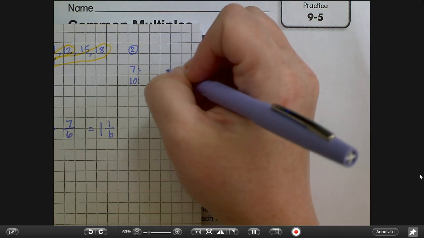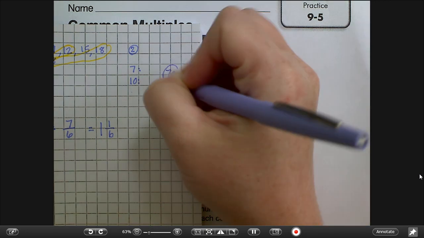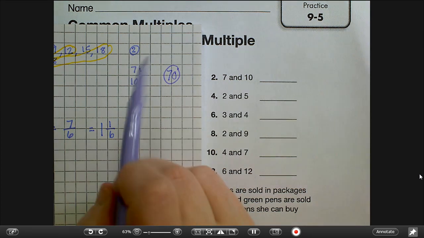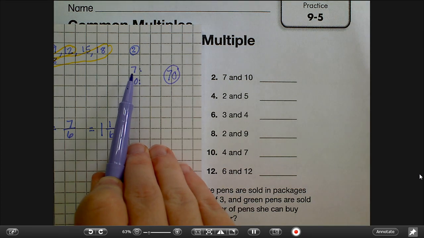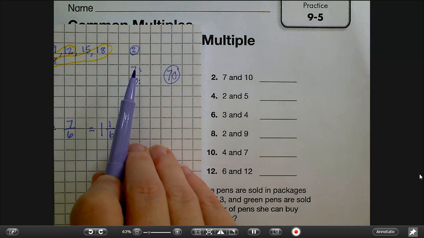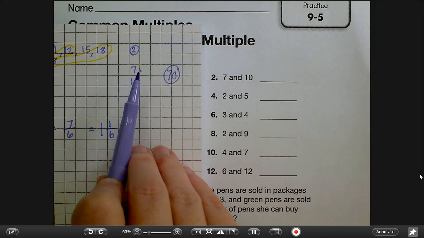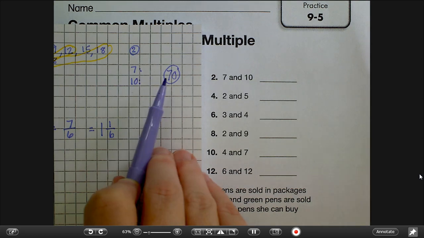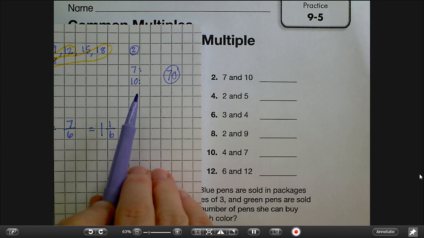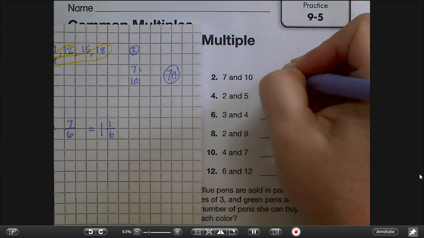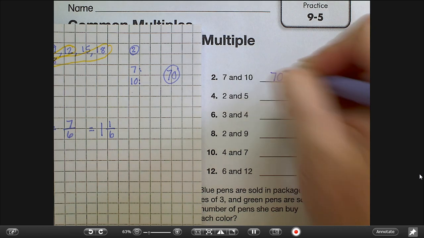When I multiply the two of these together, I will get 70. Because when I think through the multiples of 7, 14, 21, 28, 35, 42, 49, 56, 63, and then 70. This is the only one that's also a multiple of 10. Okay? So that's how I would think through that.